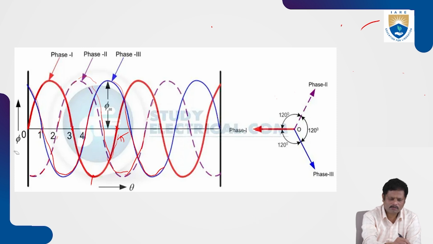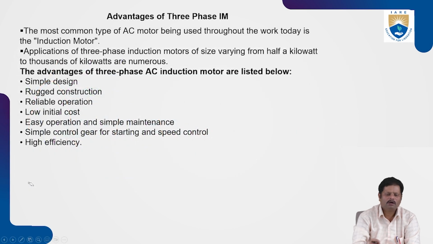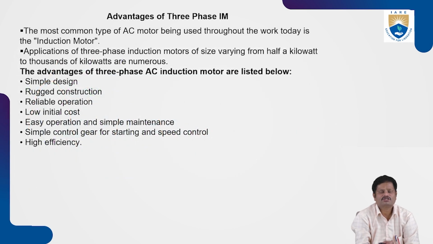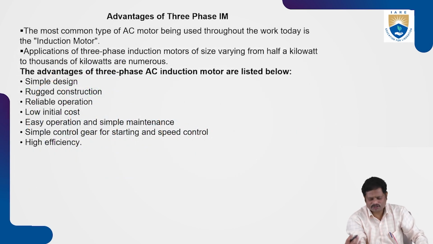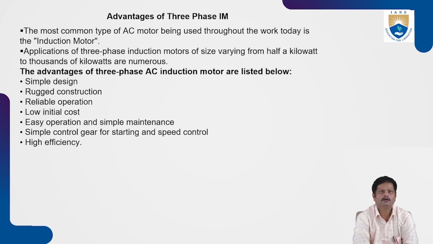Now, advantages of three-phase induction motors. These three-phase induction motors have wide applications in industry. Three-phase motors are used for industrial purposes, and single-phase motors are used for domestic purposes. The most common type of AC motor being used throughout the world today is the induction motor.